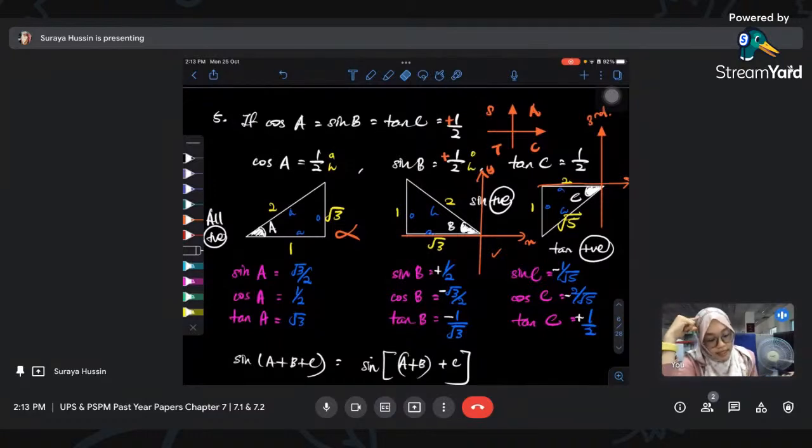Which one? Cos A, sin B, or tangent C? Dia bukan wrong apa pun. I'm asking you about this one. Are you with me?